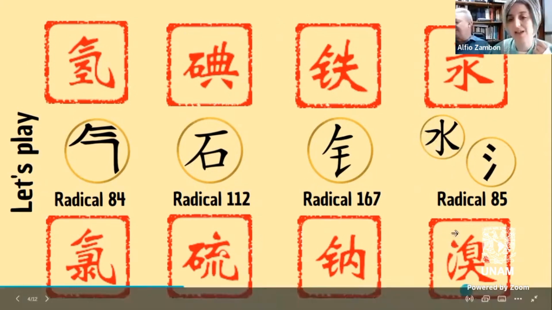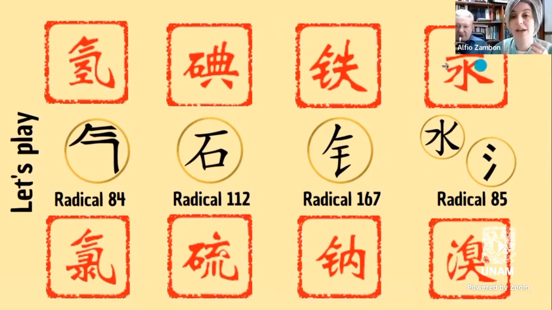So you can see it here in xiu, which is the symbol for bromine, that you have the water or the liquid characteristic in this element. And here, this one is for gong, which is mercury, which is also liquid. It's also a metal, but in this case, they chose to use this as a main characteristic, as it is a liquid.